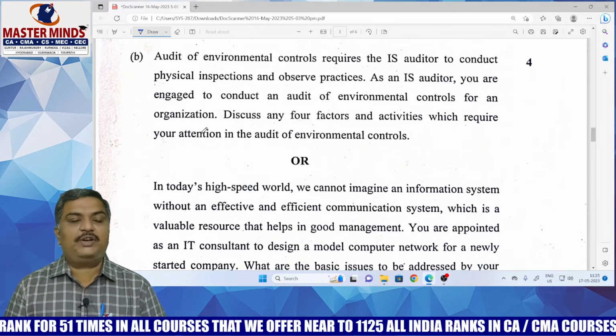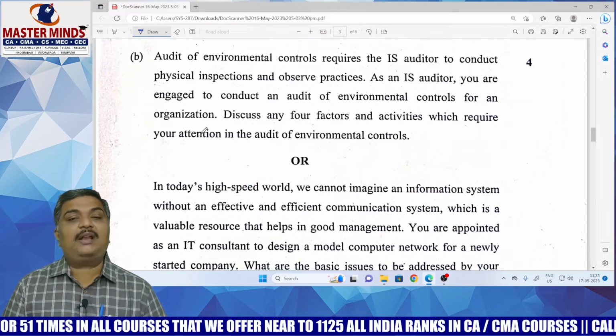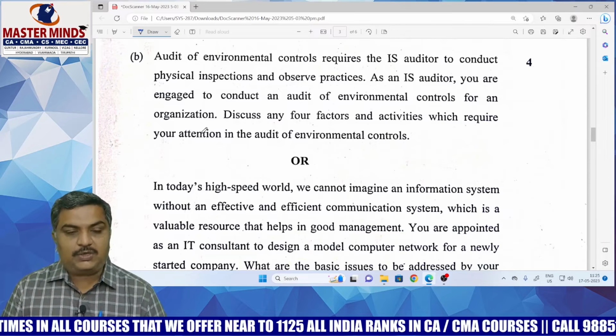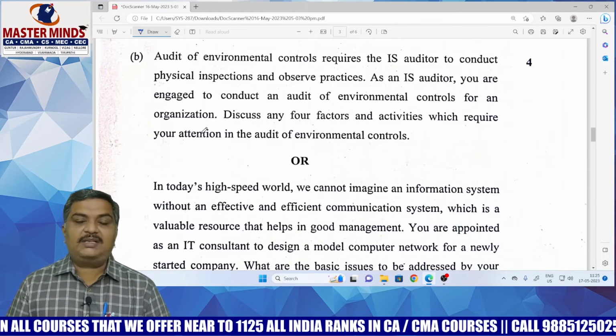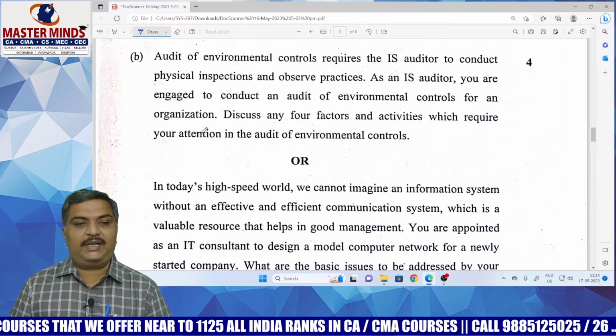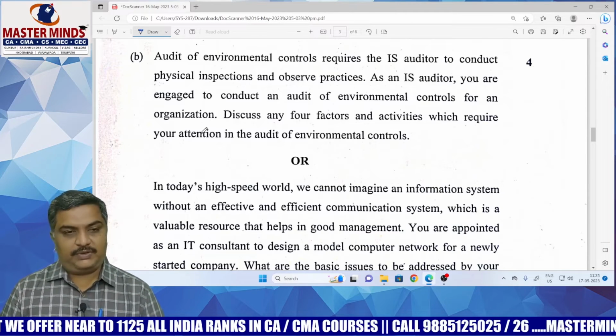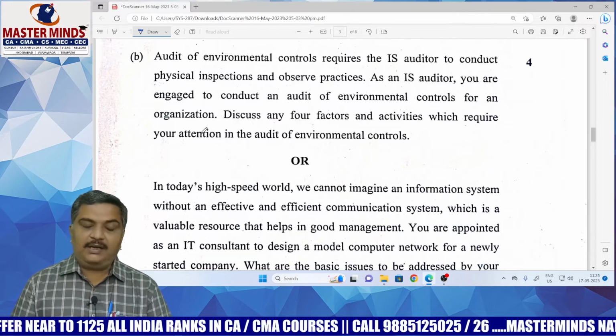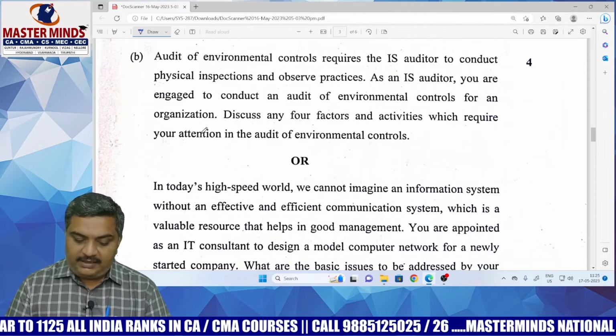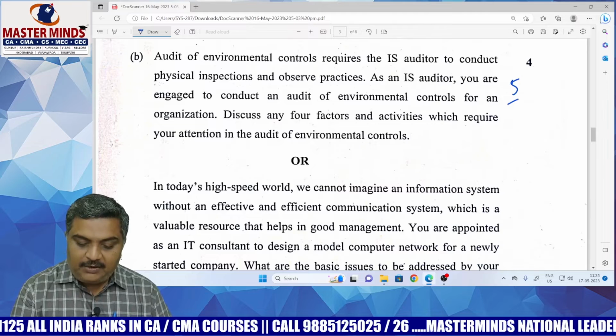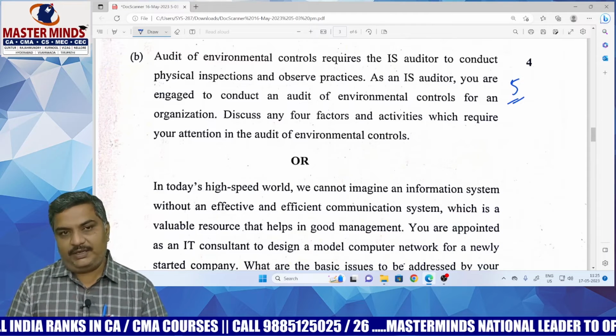As an IS auditor, you are engaged to conduct an audit of environmental controls for an organization. Discuss any 4 factors and activities which require your attention in the audit of environmental controls. This you can find in the IS auditing lesson, question number 5 in our masterminds material.